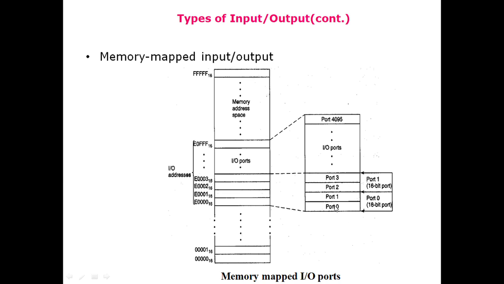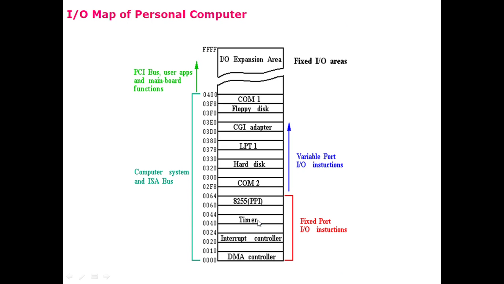So each port has an 8-bit address, but this 8-bit part and this 8-bit part put together represent a single 16-bit port. So these are the address space taken from the memory space. So these memory addresses cannot be used for storing data in the memory, because these addresses are used for the input and output ports.